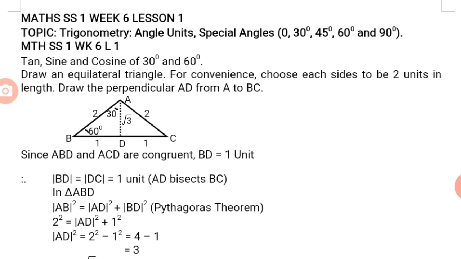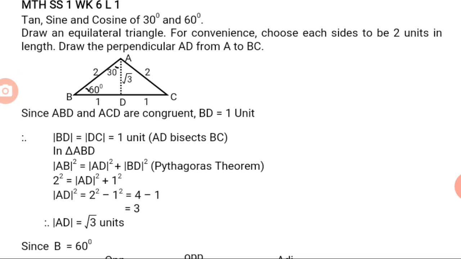That is, the square of the hypotenuse is equal to the addition of the squares of the other two sides of the triangle. Now, we know that side AB is 2. So it will be 2 square, which is equal to, we are looking for AD, AD square plus BD square, where BD is 1 unit. Then we square that 1.